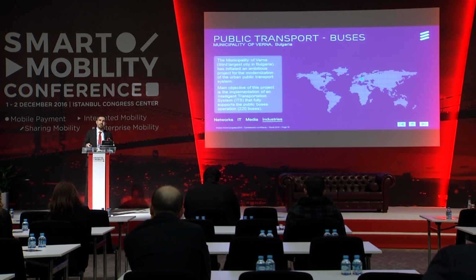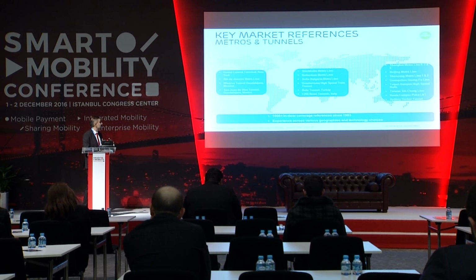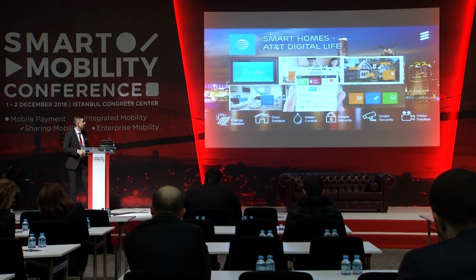Obviously this is not just through special lanes like we have with the Metrobus in Istanbul, but through the usage of traffic lights, giving priority in the system to public buses. We're working with them on 220 buses in Varna, and we have very many other metro and tunnel type references.